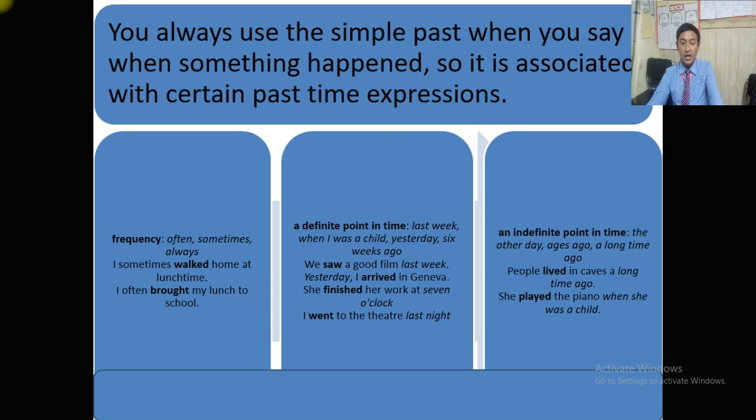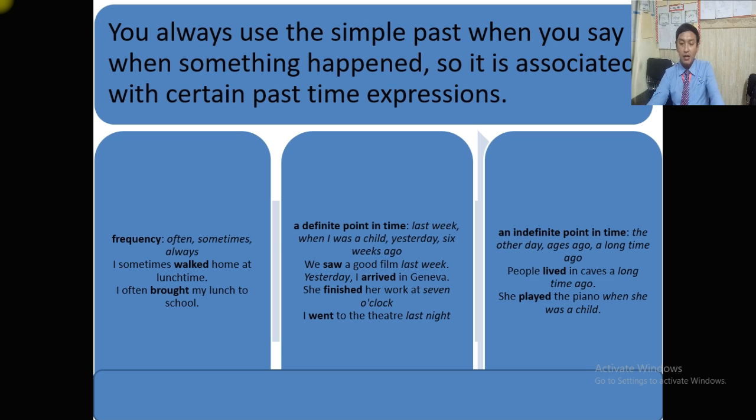For the next, I went to the theater last night. We would also ask, when did you go to the theater? And you can answer, I went to the theater last night. All of these use the word when to ask in the past simple mostly.